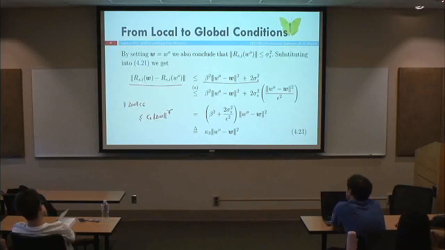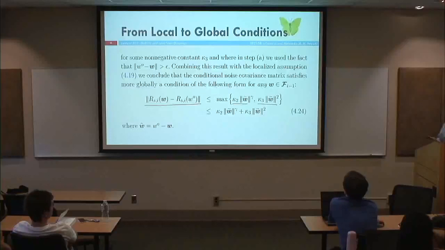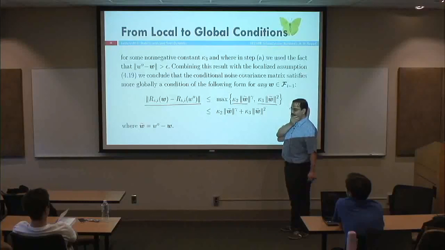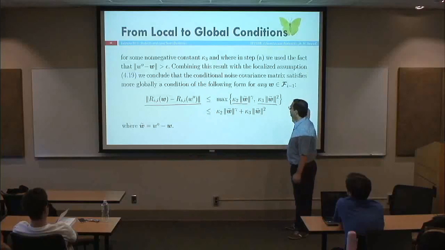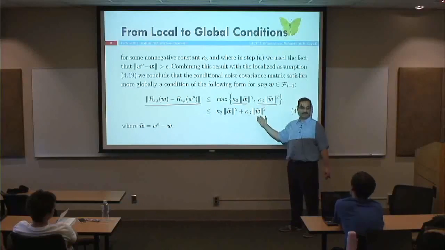If I am outside, you are bounded by another kappa delta omega squared, right? Okay. So this difference will be bounded by whichever is the largest value, right? The largest value. You understand? Okay. And the maximum of two numbers is upper bounded by the sum of the two numbers.